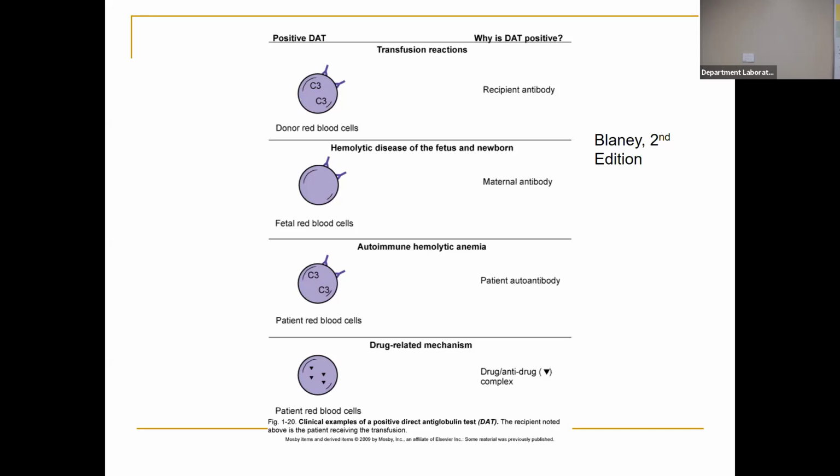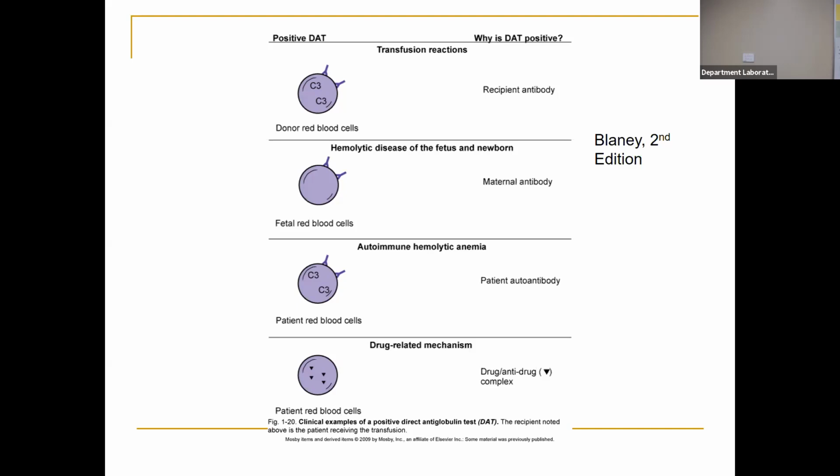And then here's an example of hemolytic disease of the newborn. So here are your fetal red cells, and you have maternal antibody, mom's antibody, coating the baby's cells. Remember, in DAT, we are detecting what's coating the cells. So in this example, we would be able to pick up on mom's antibody.